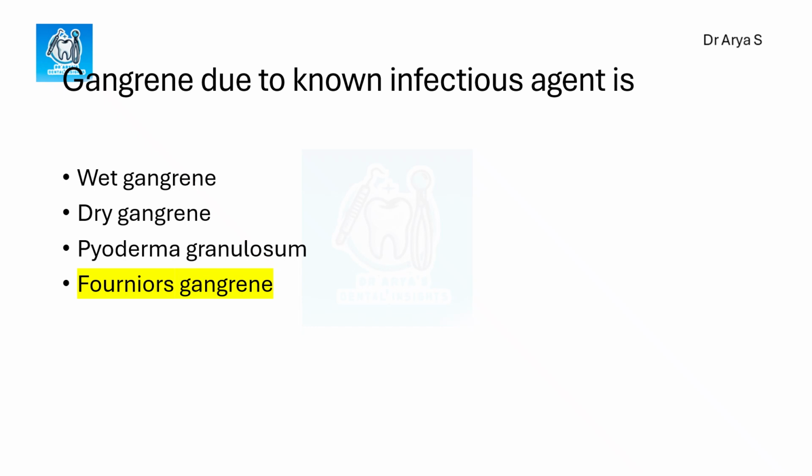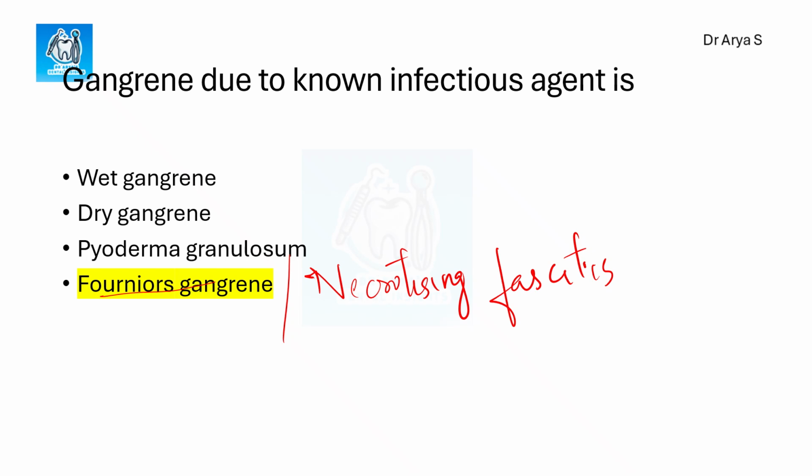Here the answer is Fournier's gangrene. What is the other name for Fournier's gangrene? It is known as necrotizing fasciitis. And it occurs due to various infections like streptococci, staphylococci, enterobacteria, anaerobic organisms, and fungi.